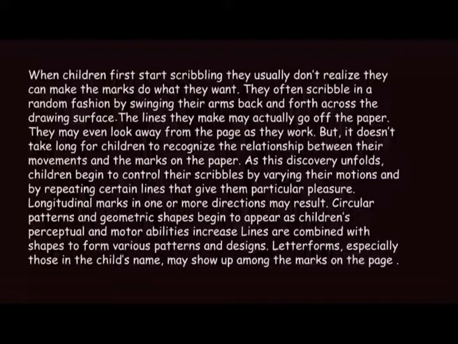The lines they make may actually go off the paper, they may even look away from the page as they work, but it doesn't take a long time for children to recognize the relationship between their movements and the marks on the paper. As this discovery unfolds, children begin to control their scribbles by varying their motions and by repeating certain lines that give them particular pleasure.